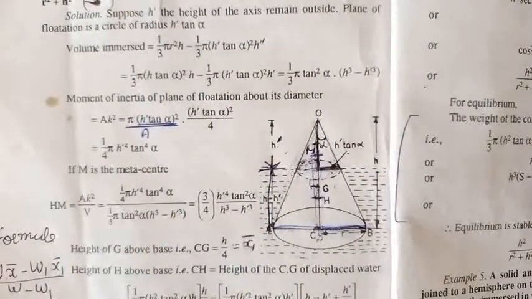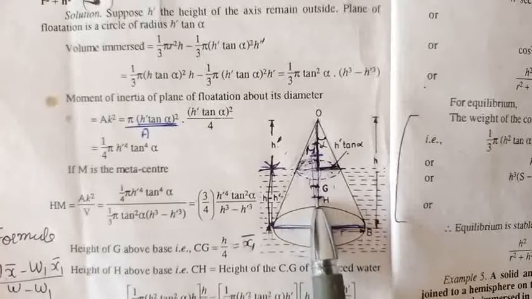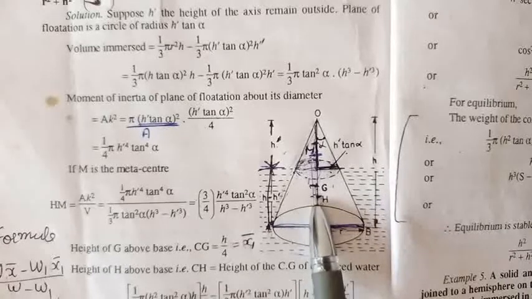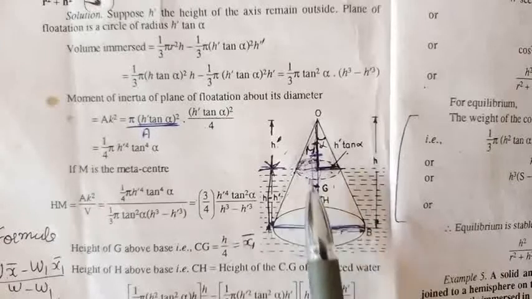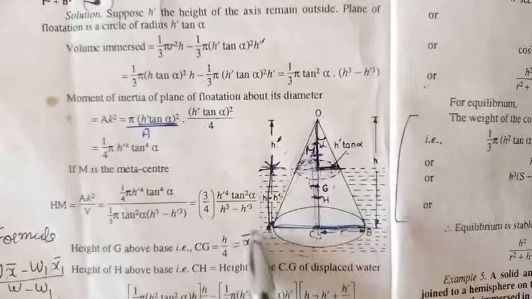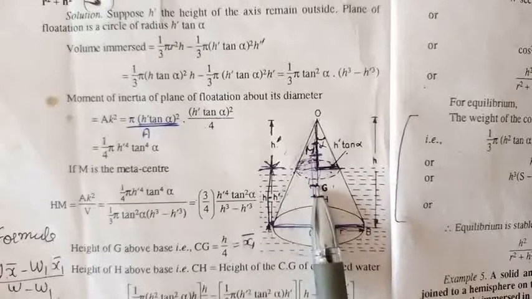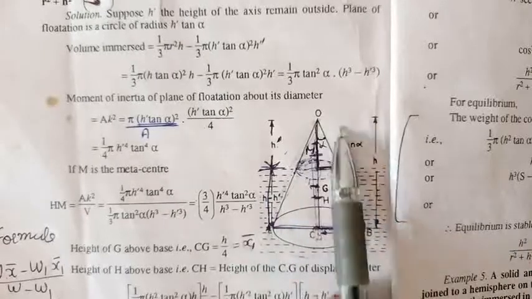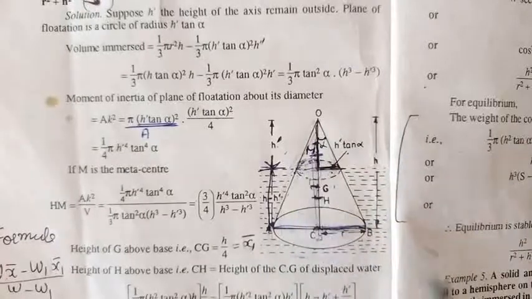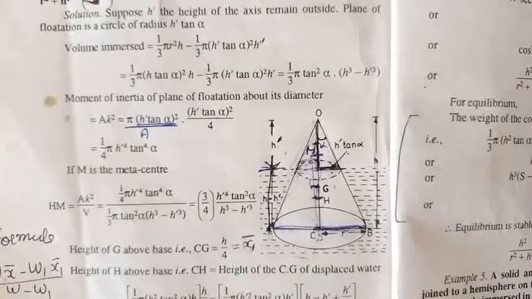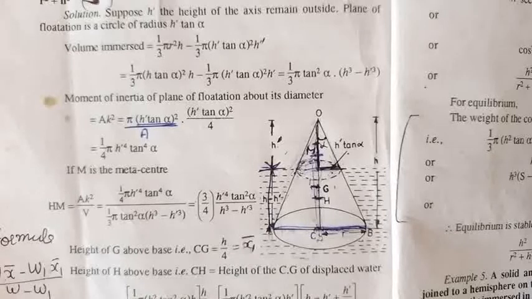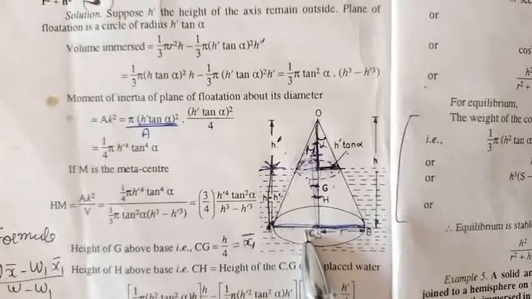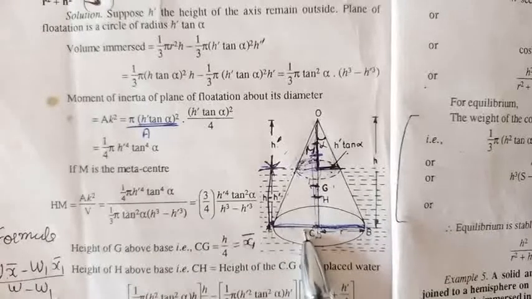Now to find HM, H is the center of buoyancy, means center of gravity of immersed part of the cone. Here the immersed part of the cone is this frustum. G is the center of gravity of the cone. M is the position of metacenter. Now to find HM, let us find the volume of immersed part, means volume of frustum.